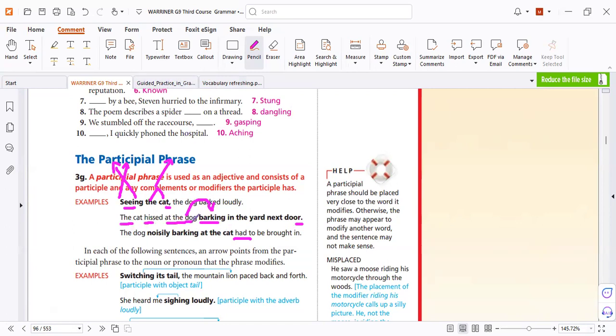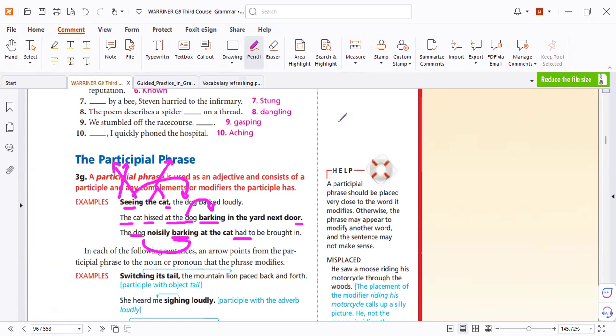So it's the dog who did the action. Again, barking at the cat. Who? The dog, because the phrase is after the word dog. Again, seeing the cat. Who? After the comma, the dog. So when the dog saw the cat, the dog barked loudly, not the opposite.